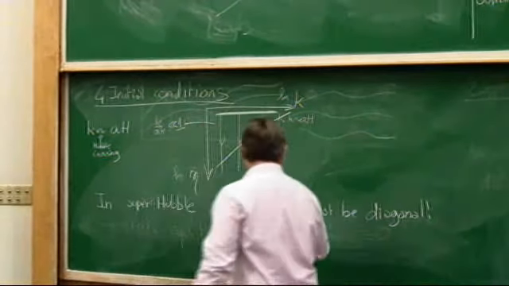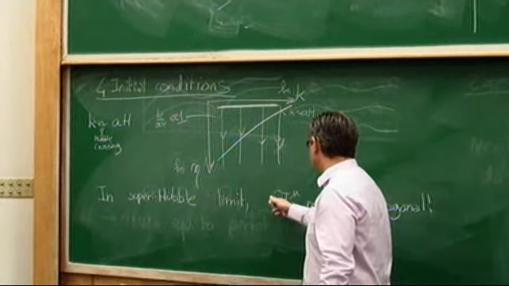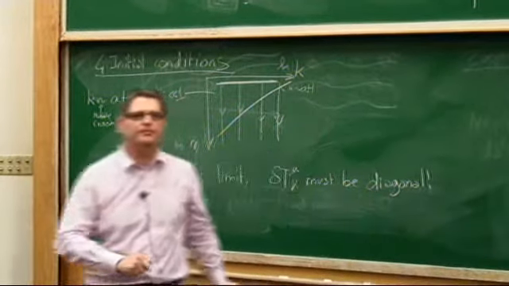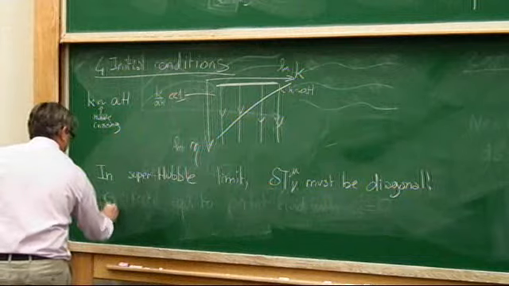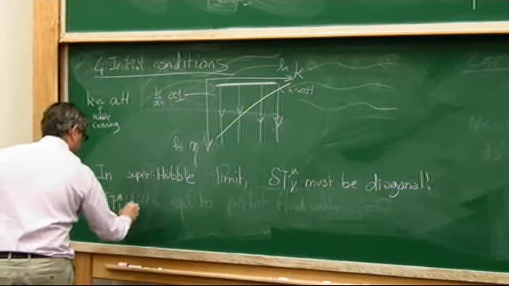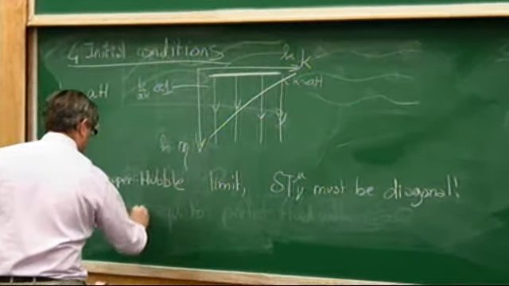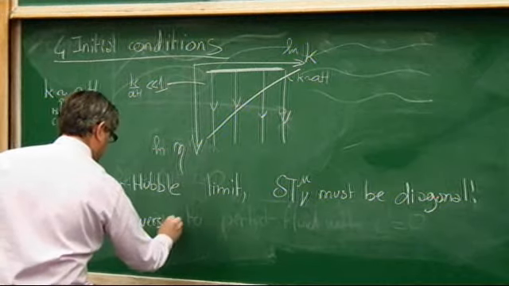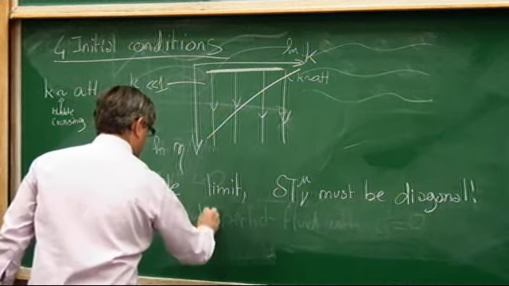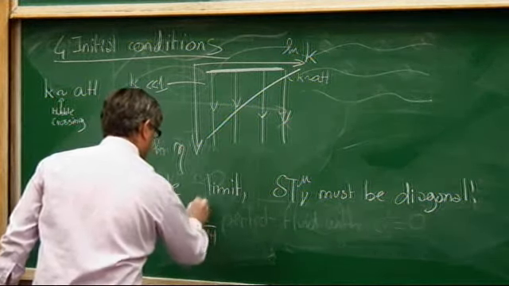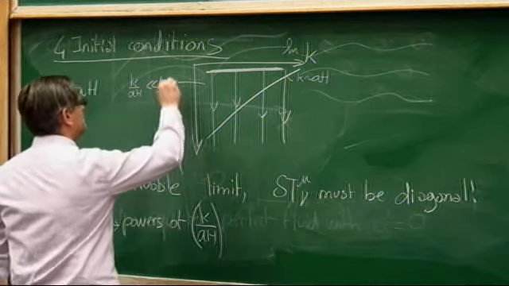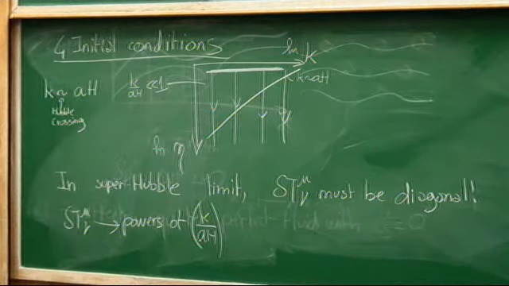Let me be a little more explicit. Suppose that I solve fully for my equation. I compute delta T mu nu as a function of time, and I expand this delta T mu nu in powers of k over aH. This is a quantity which is very small outside the Hubble radius.